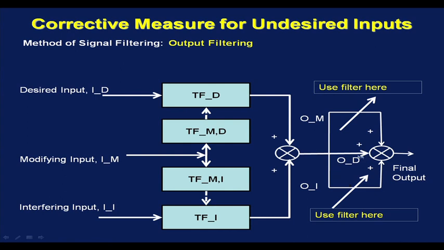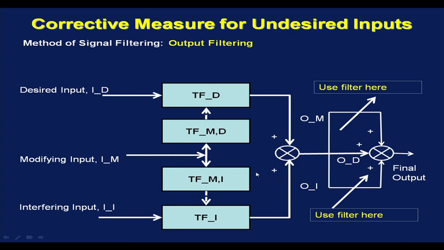So, if I can split this output, which is a result of desired input, modifying input as well as interfering input, into components: an output component coming from only desired input, an output component coming from only modifying input, and an output component coming from only interfering input, and then introduce filters to the component that comes from modifying input and the component that comes from interfering input, my final output will be sensitive only to desired input.